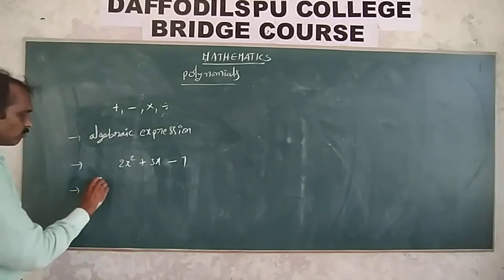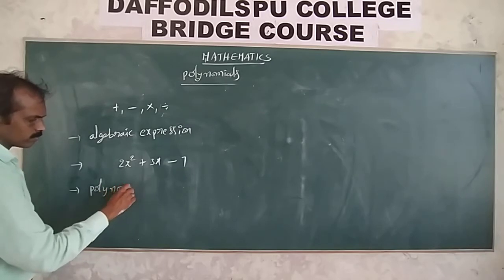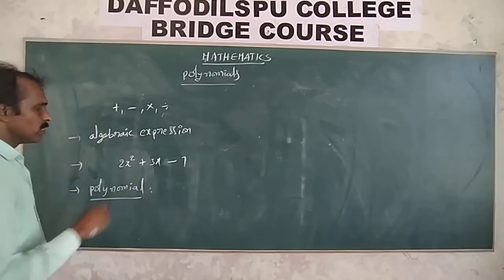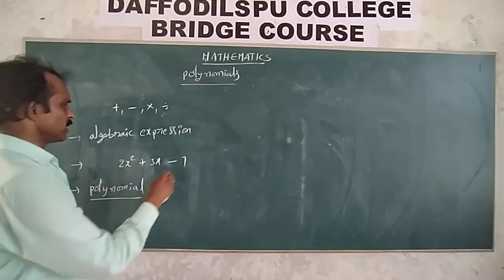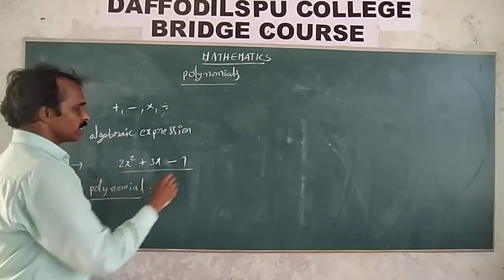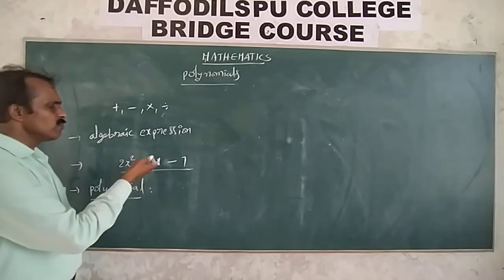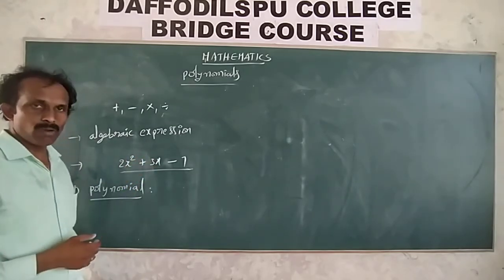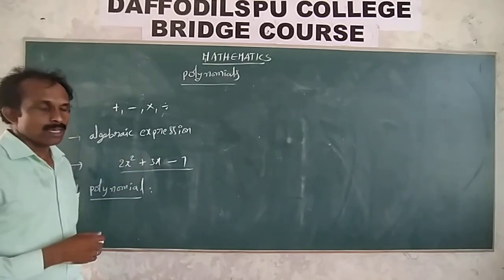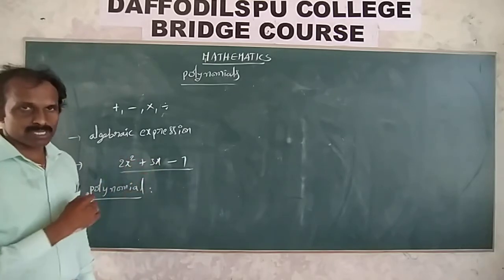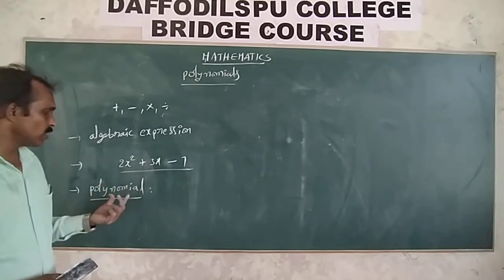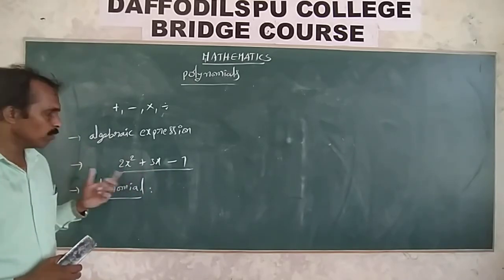Okay, let us see what is a polynomial. In an algebraic expression which involves variables, like x, if the variables have non-negative integral powers, then that expression is called a polynomial.